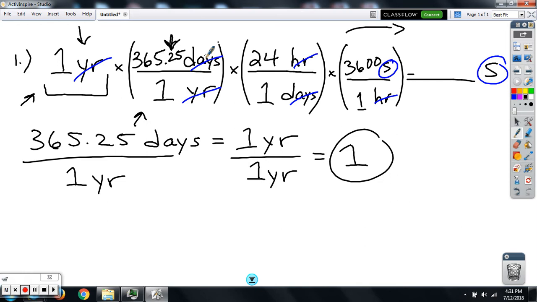So everything that we care about is on top. So you get 365.25 times 24 times 3,600, and you get roughly 3.2 times 10 to the 7th seconds.